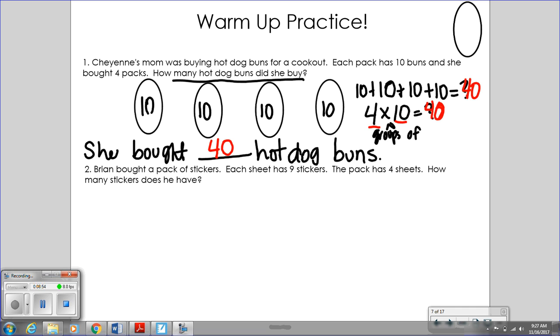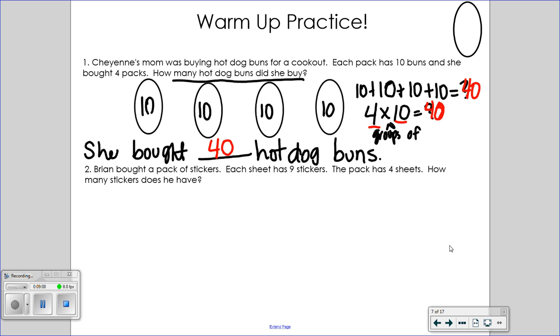What are we counting? What am I even counting in this problem? Tajir, what am I counting? We're counting stickers. What's going to be my answer sentence then? Brian has blank many stickers. I like it.